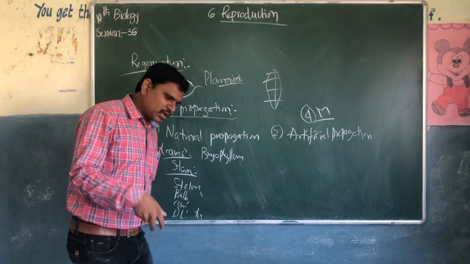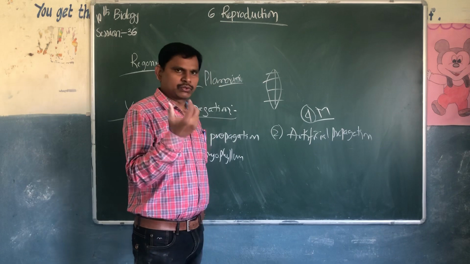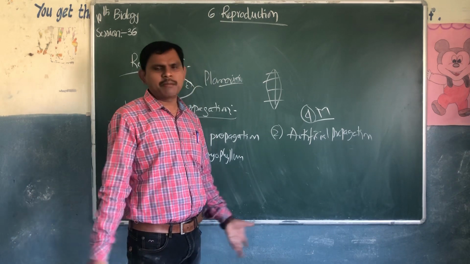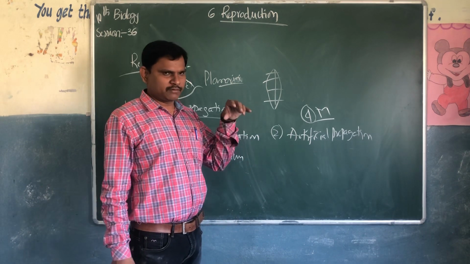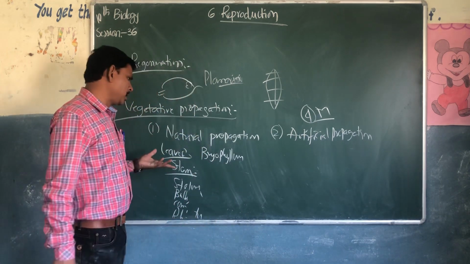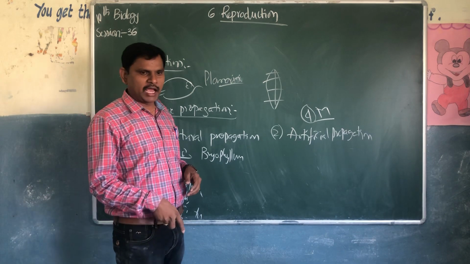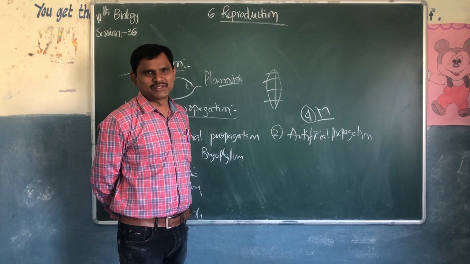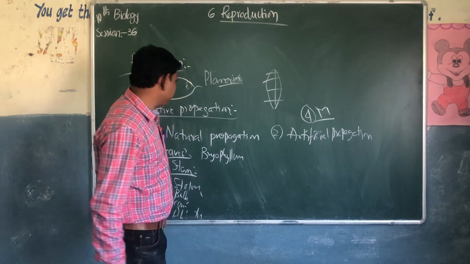Carrot is actually a root, and potato is a stem. They grow in the soil. Onions will grow. If you take some ginger and bury it into the soil, it will spread over the whole land. These are the natural propagations.